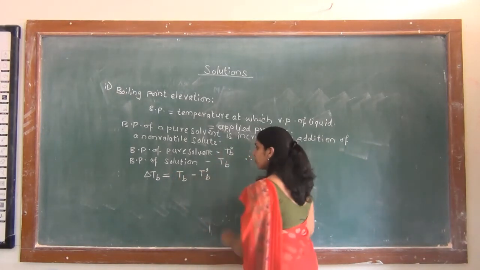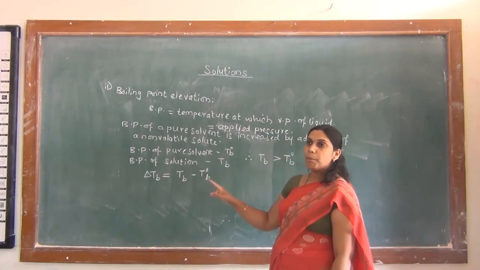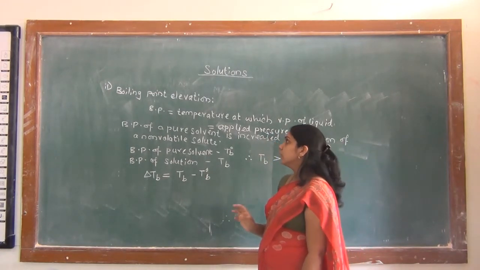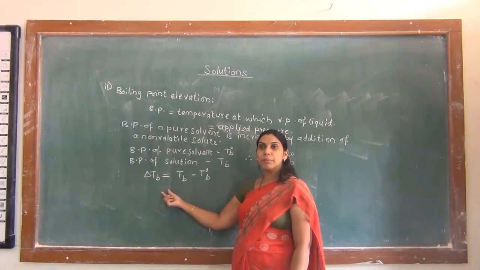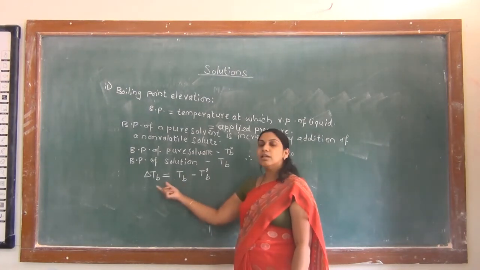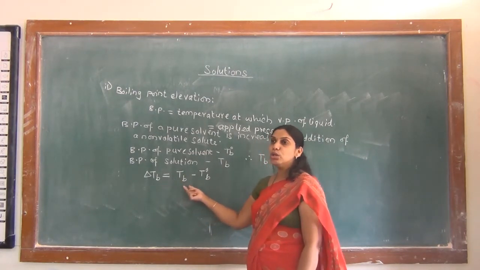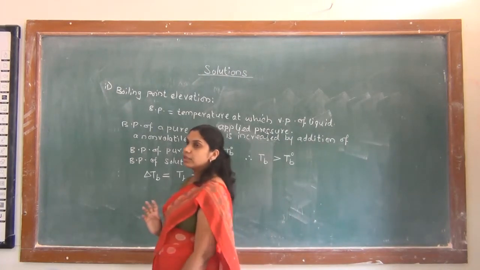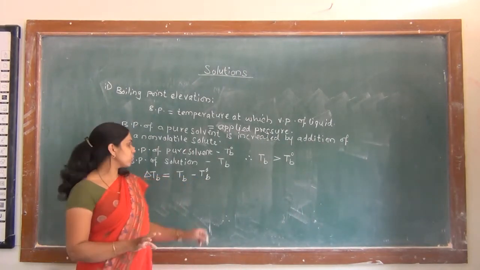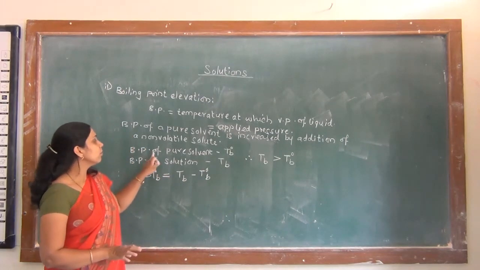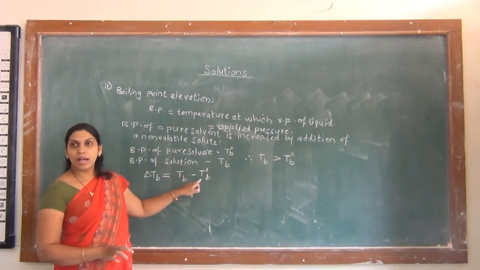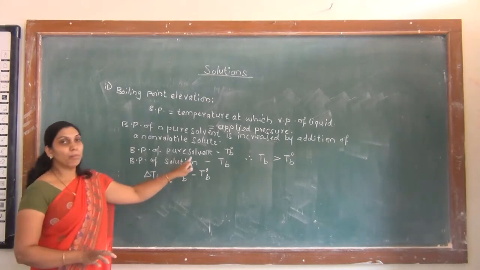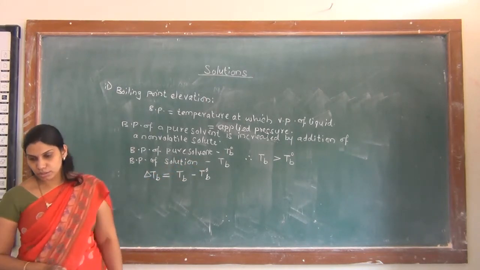Delta TB is equal to TB minus T0B. Here delta TB is boiling point elevation, TB is the boiling point of solution, and T0B is the boiling point of pure solvent.